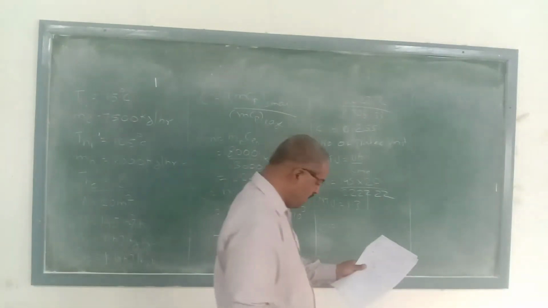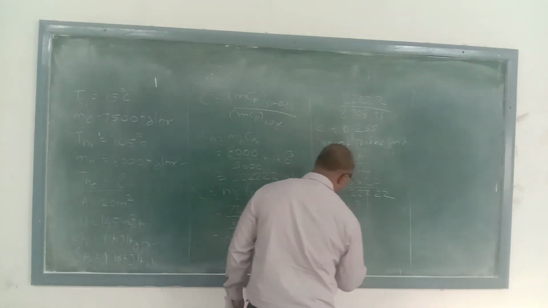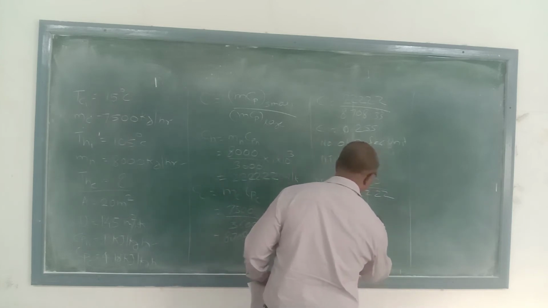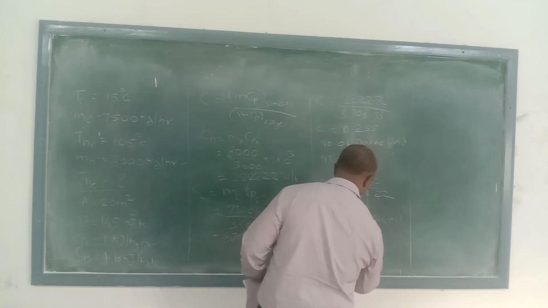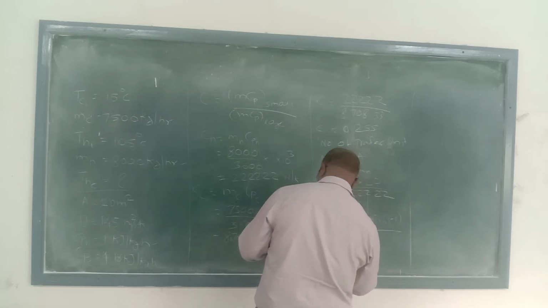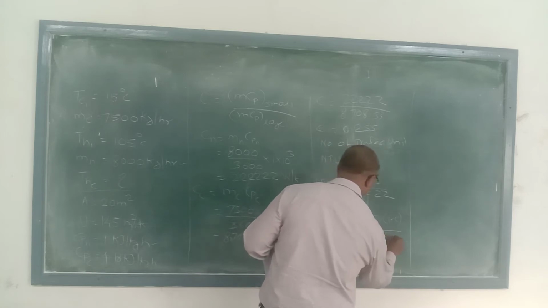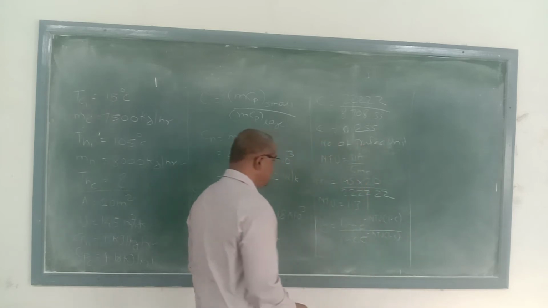So the effectiveness of this counter flow heat exchanger is (1 minus e raised to minus NTU (1 minus C)) upon (1 minus C into e raised to minus NTU (1 minus C)).